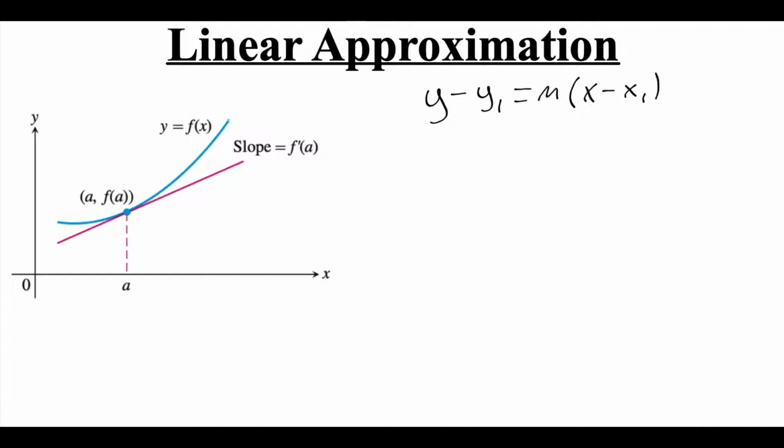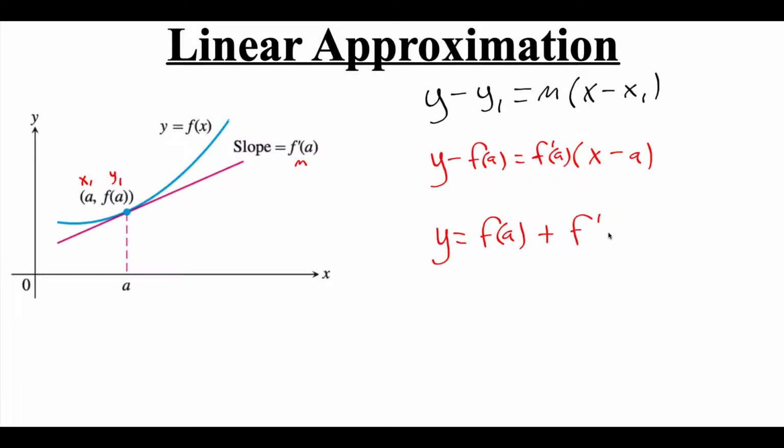If we use a and f of a as our x1 and y1, and the derivative as our slope, then this equation says y minus f of a equals the derivative of f at a times x minus a. To get y alone, I would add f of a to the other side. So y is equal to f of a plus f prime of a times x minus a. And this is actually called linearization.